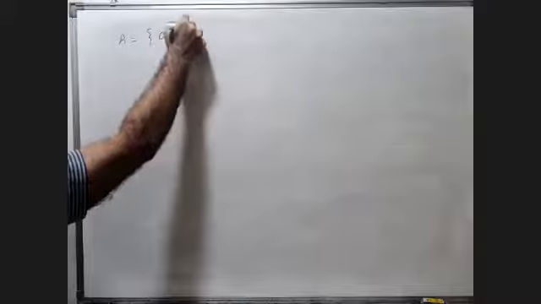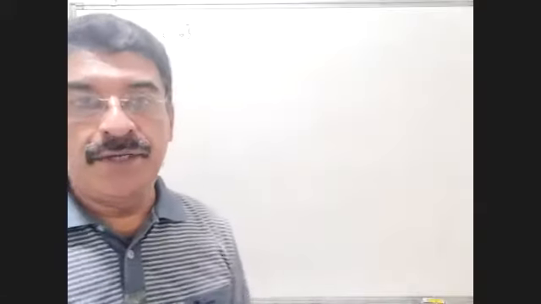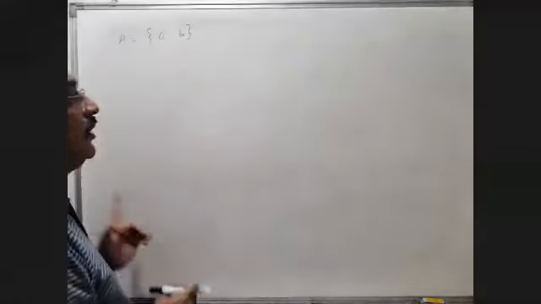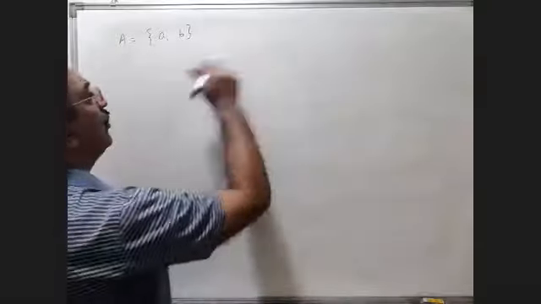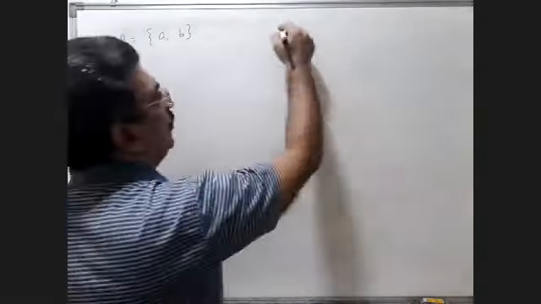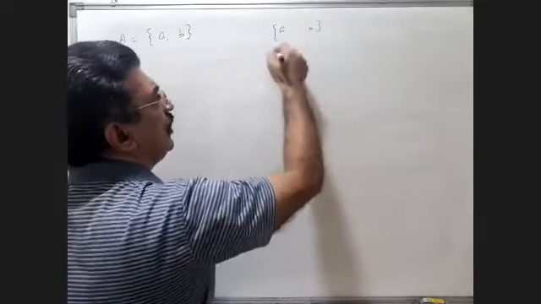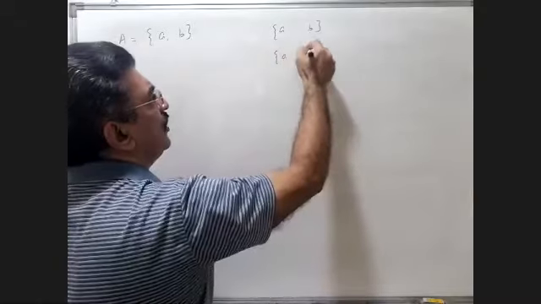For example, if we have one set A as {a, b}, to write A cross A, it's very easy. A cross A means, write the set once again, {a, b}. Keep this in mind, no need of writing it separately.